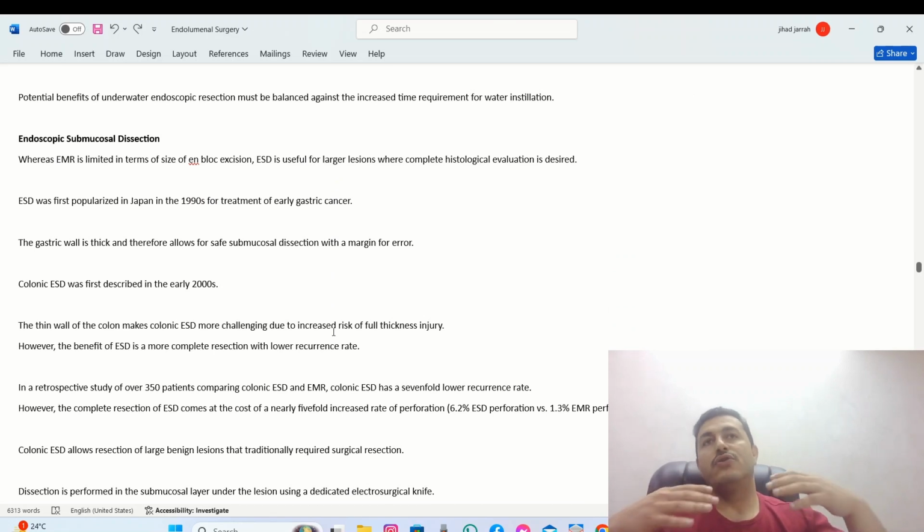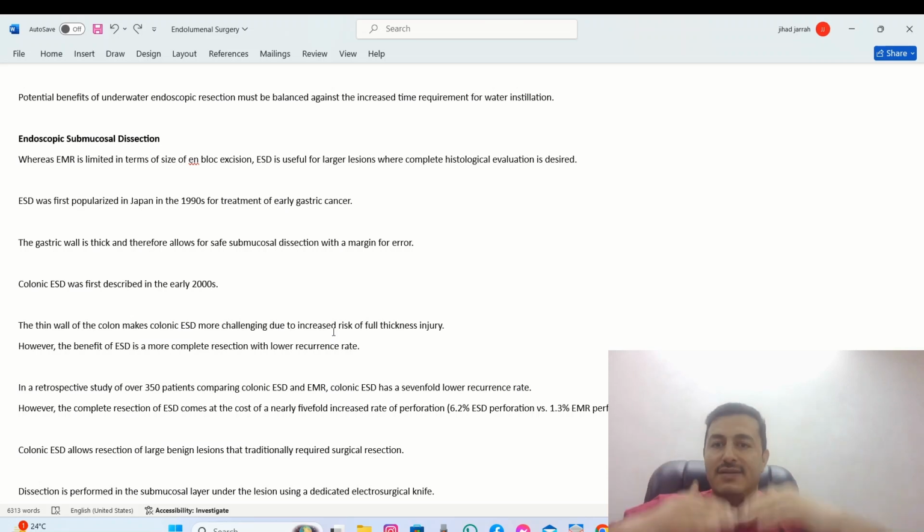And imagine again, removing a polyp, a lesion, a serrated polyp. It's like a ladder. We go from the simple procedure, simple polypectomy, using cold forceps or using snares. Then we go from simple polypectomy to endoscopic mucosal resection, and one of its variants is underwater endoscopic mucosal resection. And now we reach endoscopic submucosal dissection.